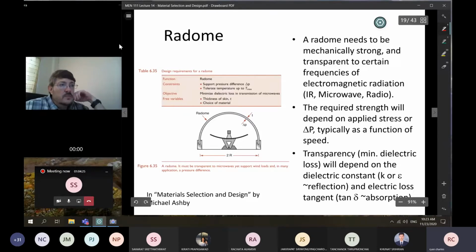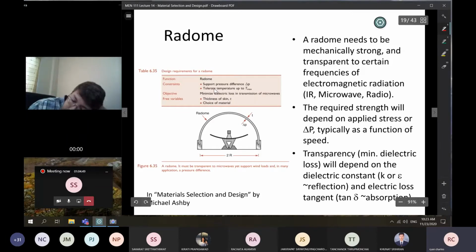Function, okay, it's a radome. A radome is this dome, protecting this radar antenna. Here it has a particular size, a particular thickness, and there's some pressure. So it must support a pressure difference delta P, and tolerate perhaps some temperature gradient.